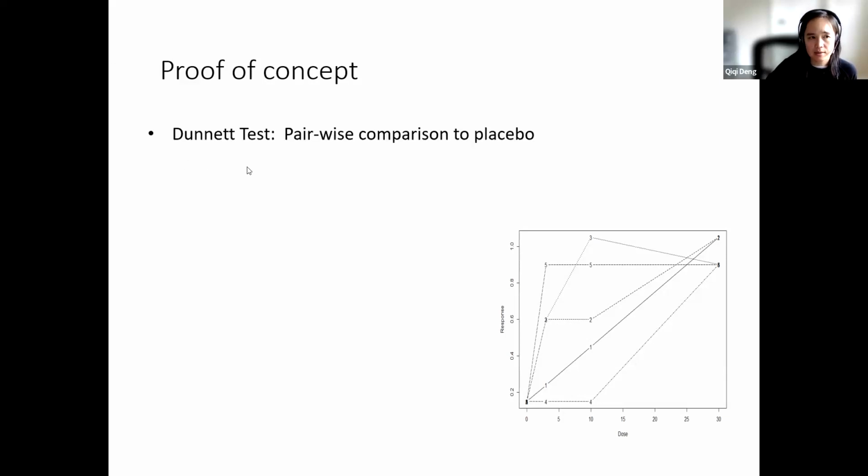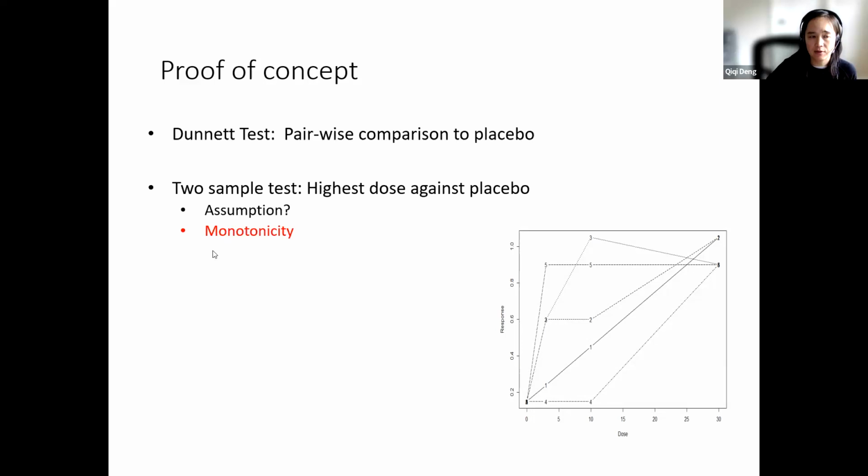We know that there is a Dunnett test for pairwise comparison to placebo. And then you could make the assumption that there is a monotonic trend when it comes to dose response, and then you can just use the highest dose against the placebo.